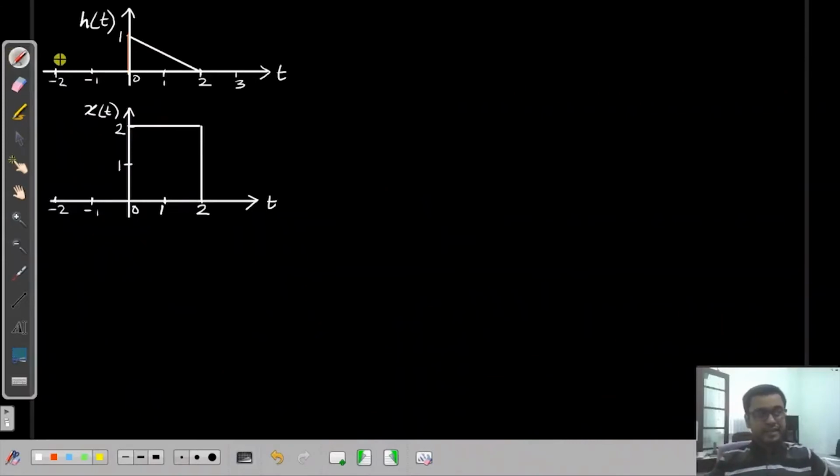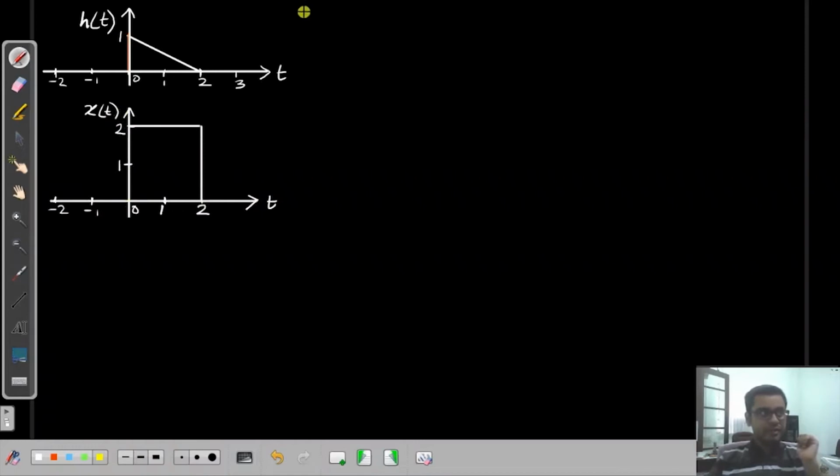Now let us take another example. Suppose two signals are given to us, h(t), which looks like this, and x(t), which looks like this.